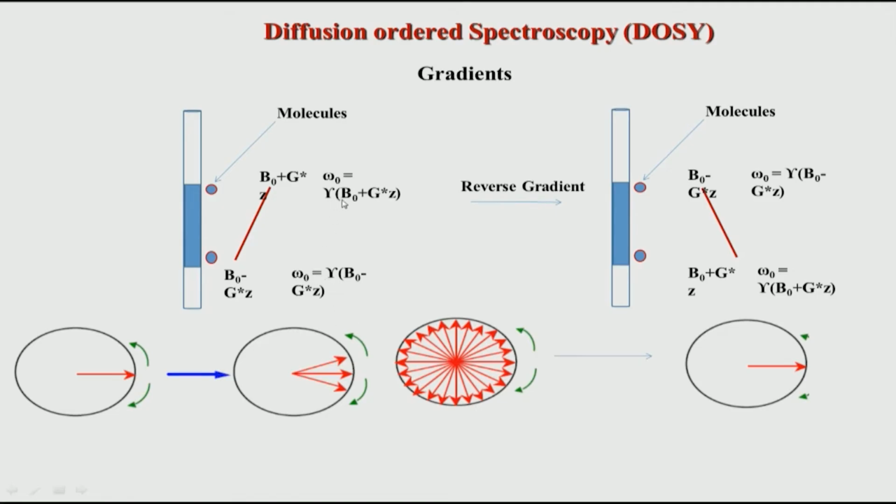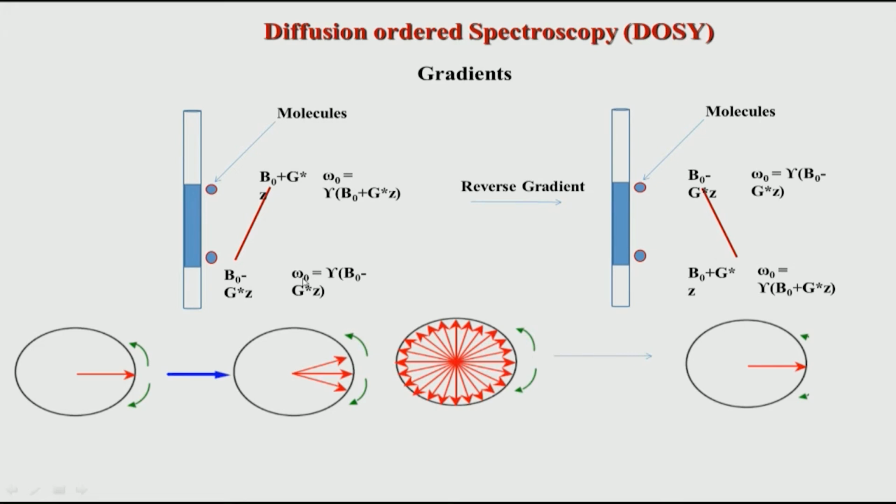So, whatever was positive B0 plus Gz, now it is B0 minus Gz. That means suppose this vector, where I am pointing now, has moved by 40 degrees. Remember how this degree is coming? That degree is called phase, and the phase is nothing but omega into t.